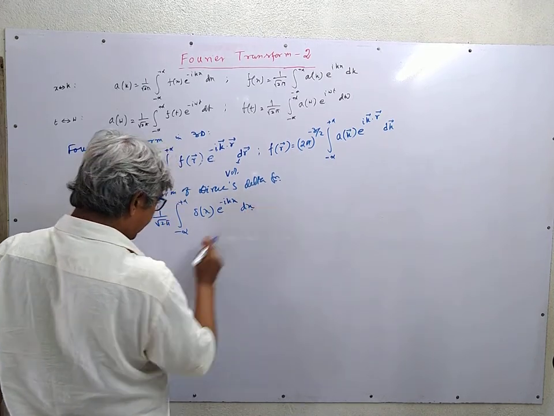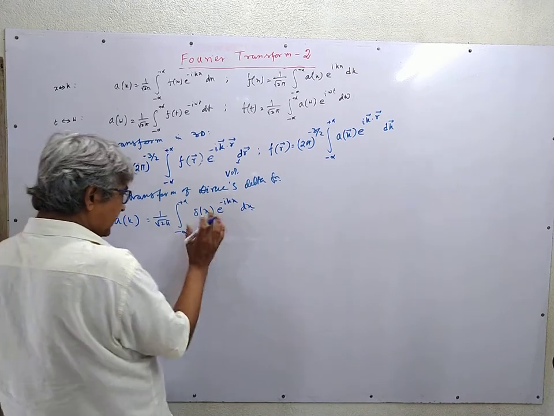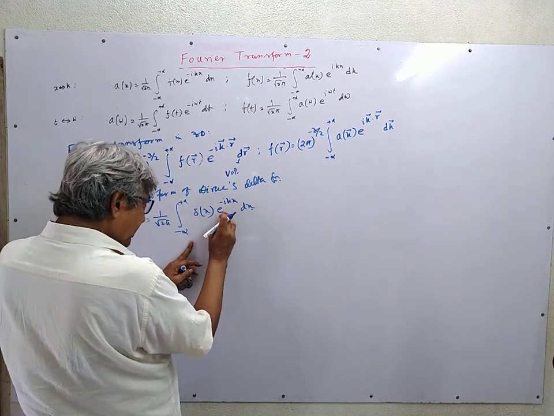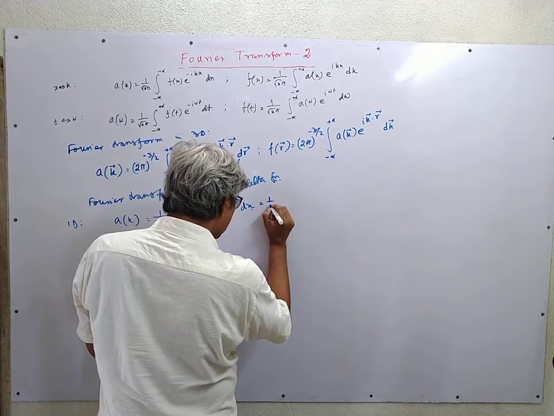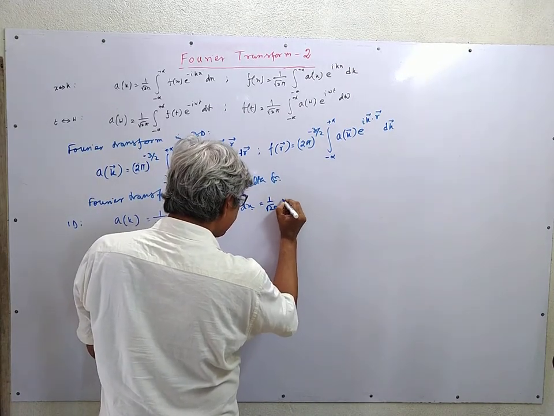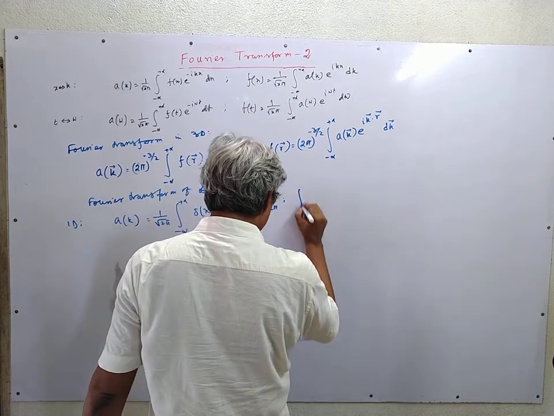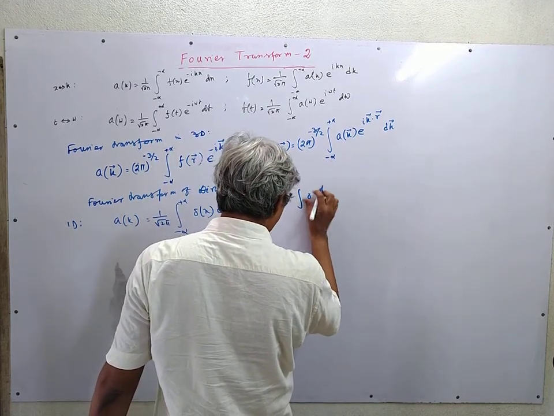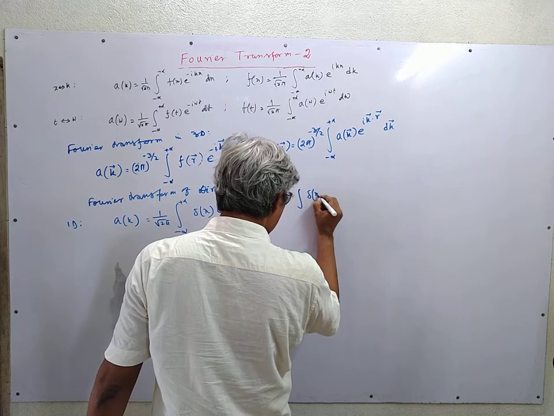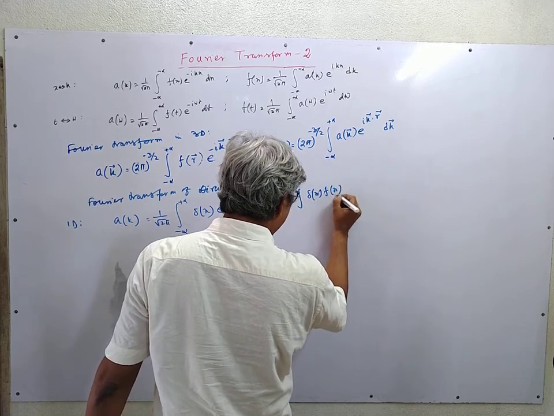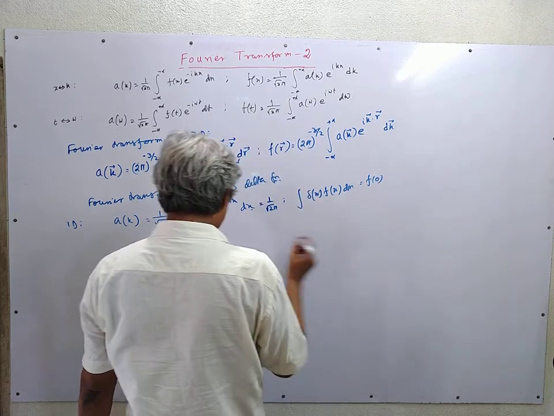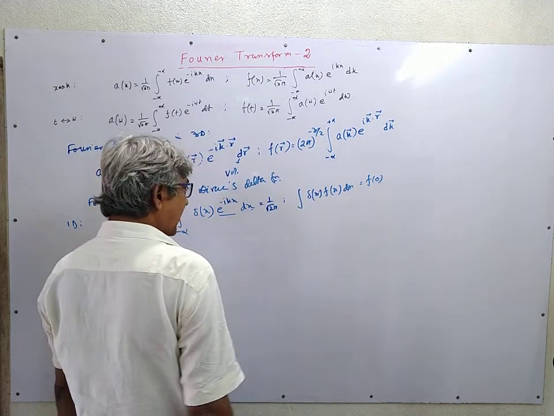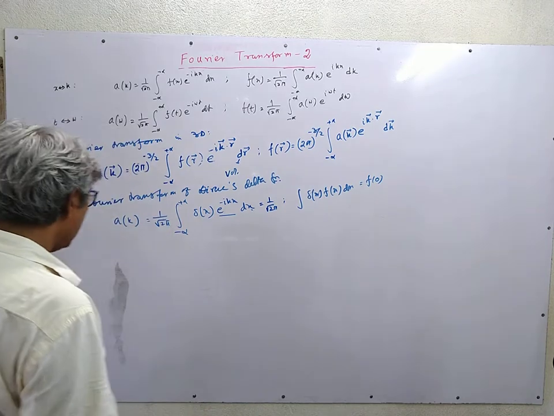As per the definition of the delta function, this part is e to the power 0, which is 1. We have used this property, the integral of delta of x f of x dx is equal to f of 0. Here f is this function and at 0 it is 1.